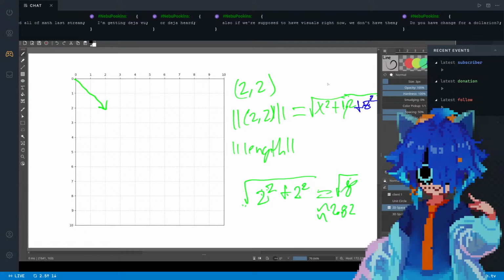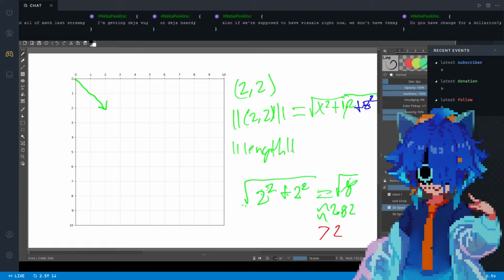Observation, that number is a bit bigger than 2. So the fact that a diagonal vector is longer than its sides is going to come up again momentarily.